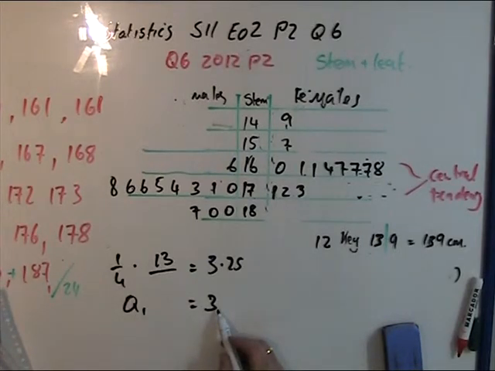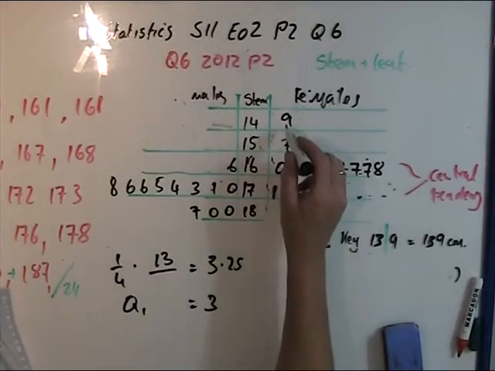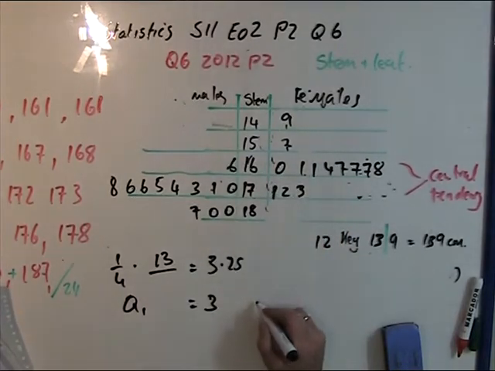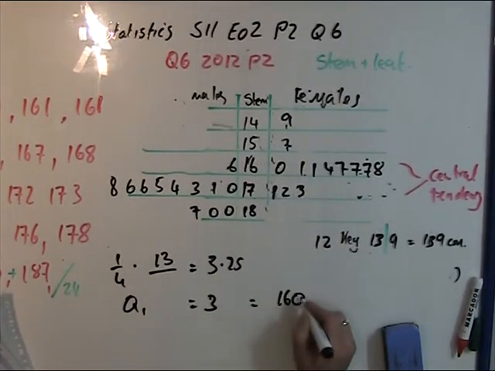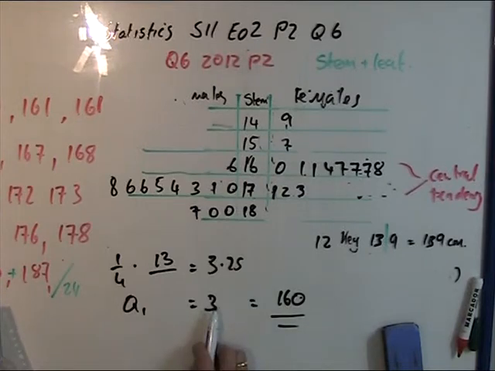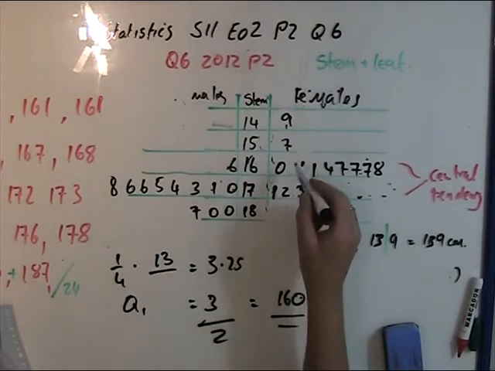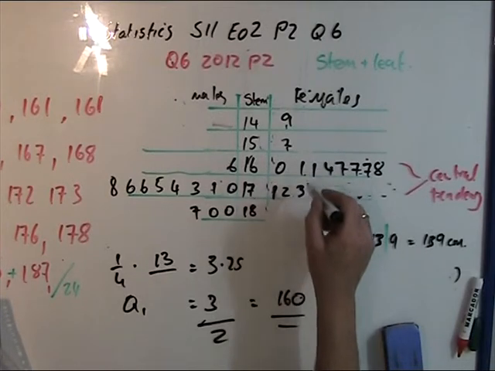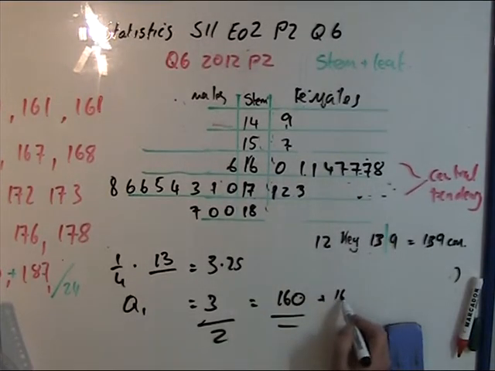So I don't need to add. I look for my third term: 1, 2, 3. So there it is, 160. Because I've rounded down, I'm not adding another term to get the average. Do you remember we had the average? We got the third term, which is 160 plus 161 divided by 2.